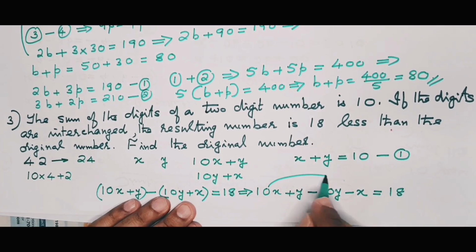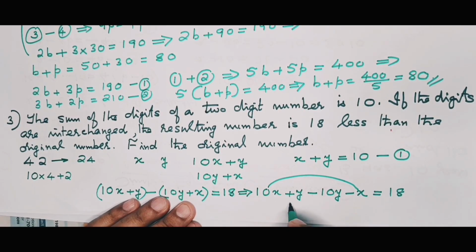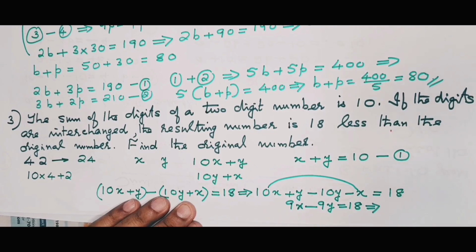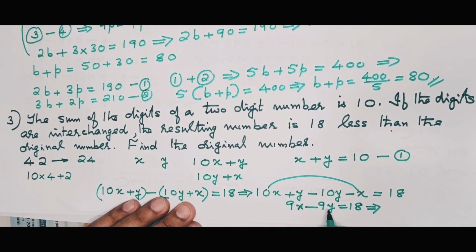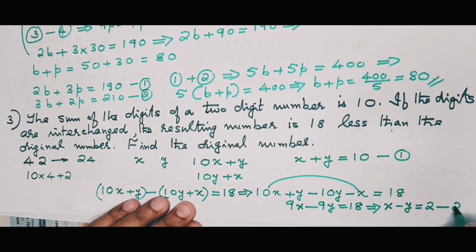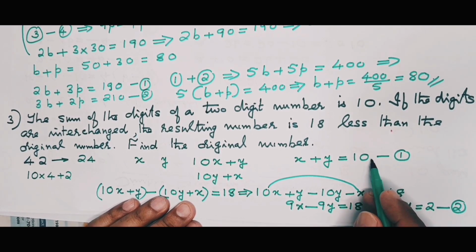Then combining these, 10x minus x is 9x, and y minus 10y is minus 9y, equals 18. In the next step, you divide this equation throughout by 9 to simplify it. So x minus y equals 18 divided by 9, which is 2. This is the second equation, and this is the first equation.